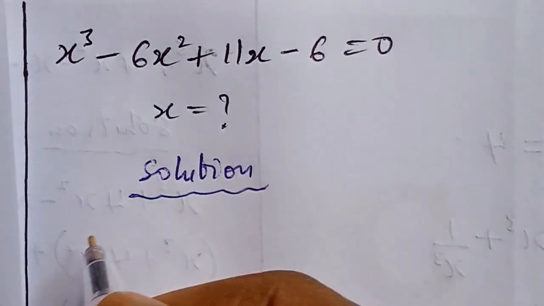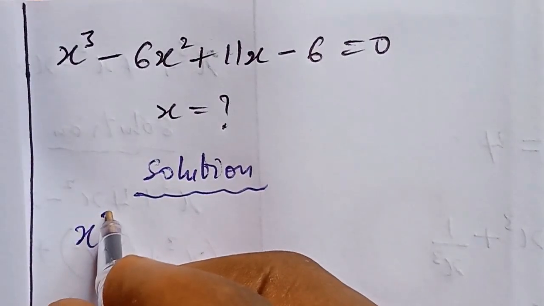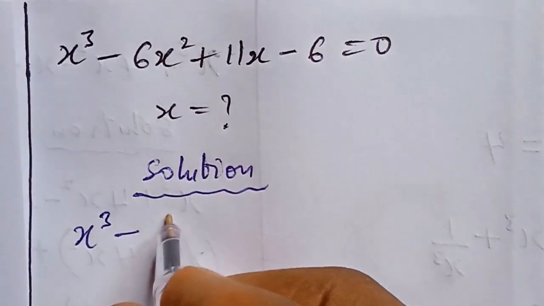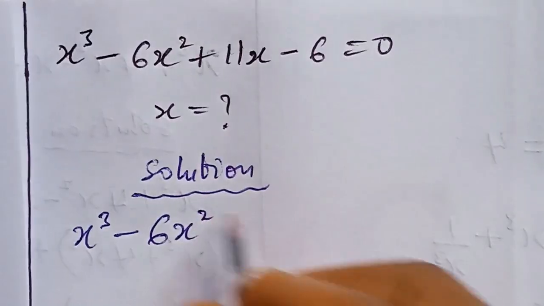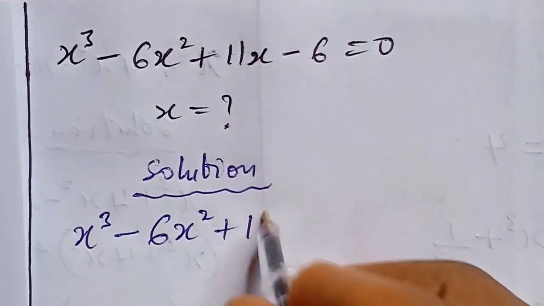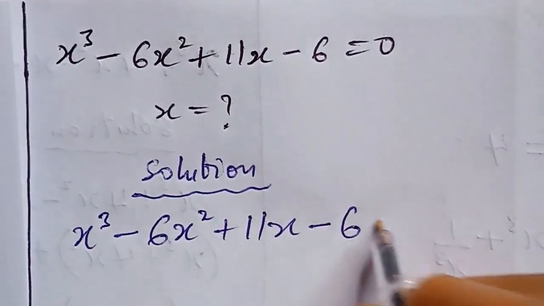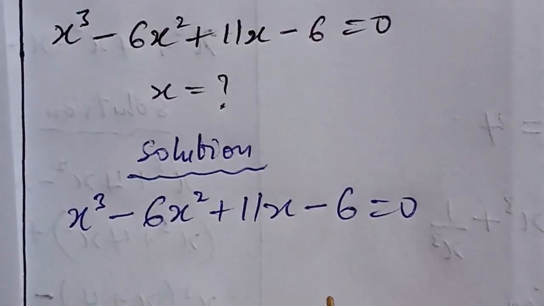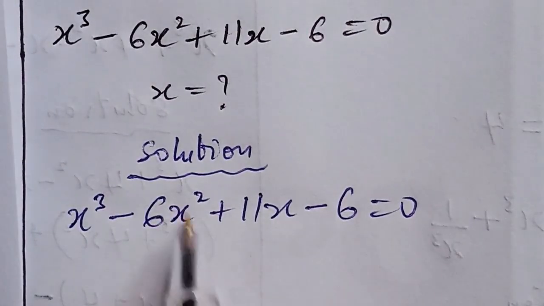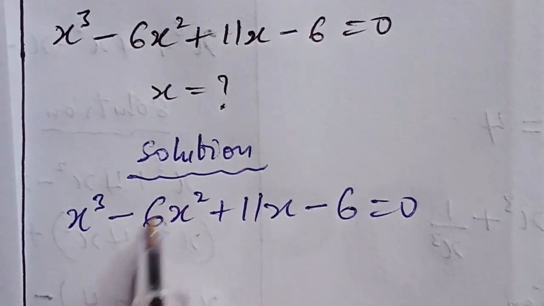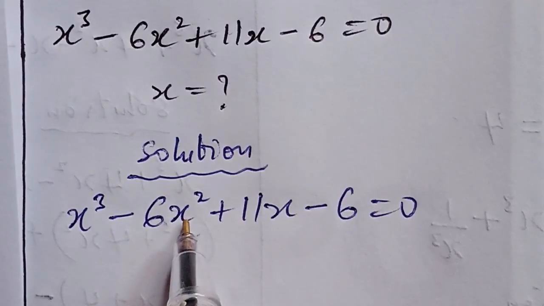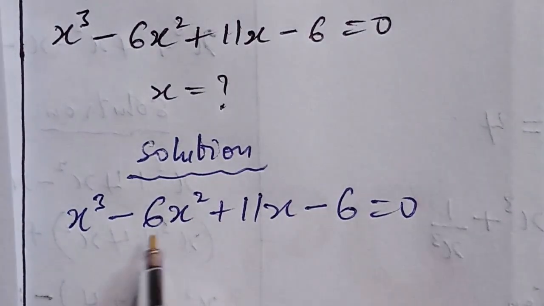In this solution, our equation is x cubed minus 6x squared plus 11x minus 6 equal to 0. So let's consider splitting this 6x squared.